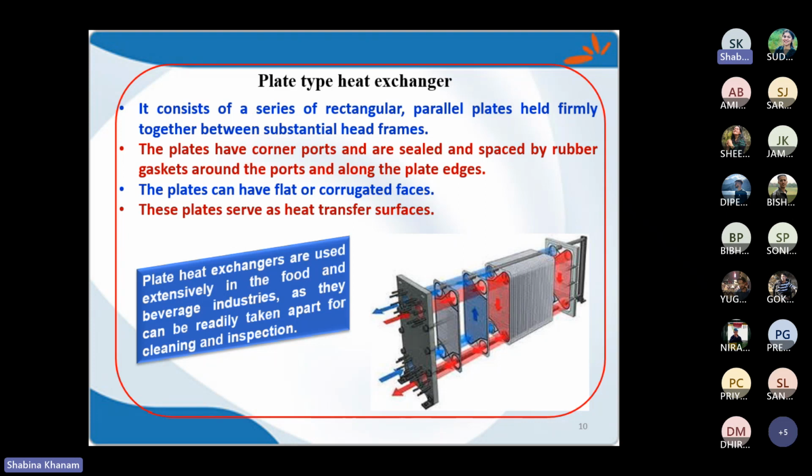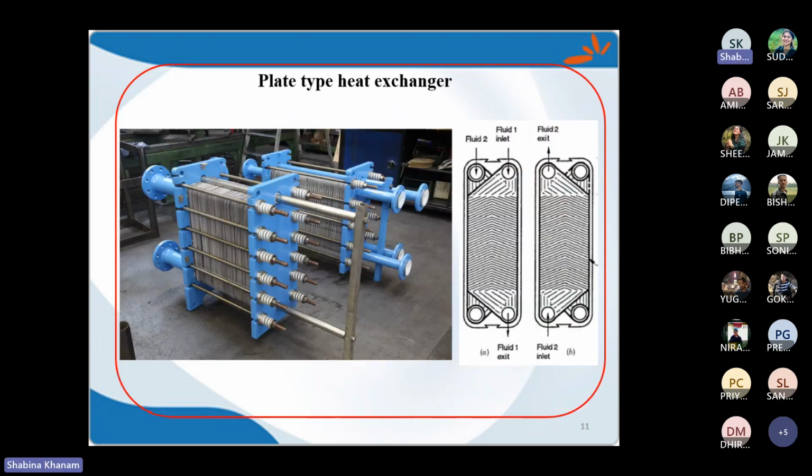So these are mostly used in food and beverage. Otherwise, if you need heat transfer between air or gas, you can use this. But for fouling tendency liquid, it should be avoided. So this is a plate type heat exchanger. If you observe in industry, you can see it like this. They are very compact.